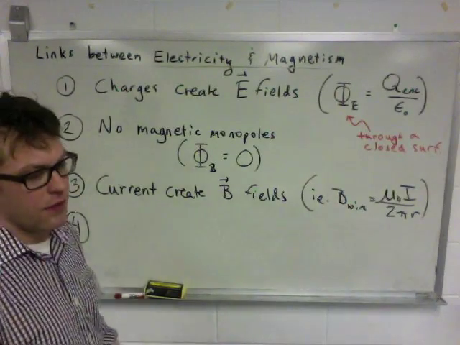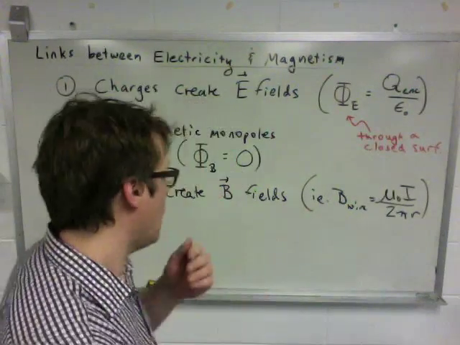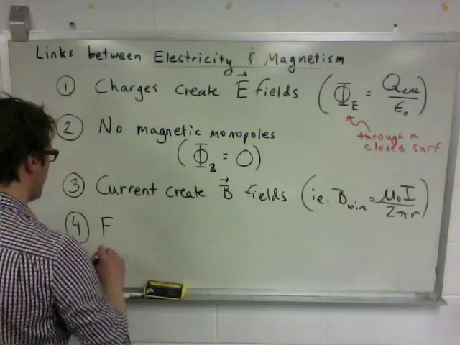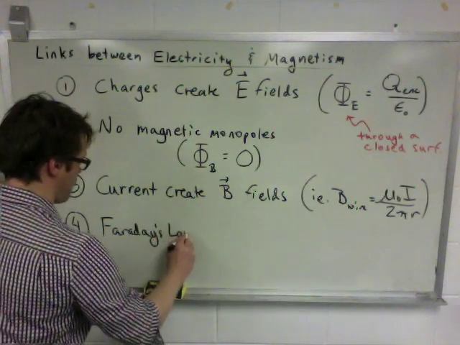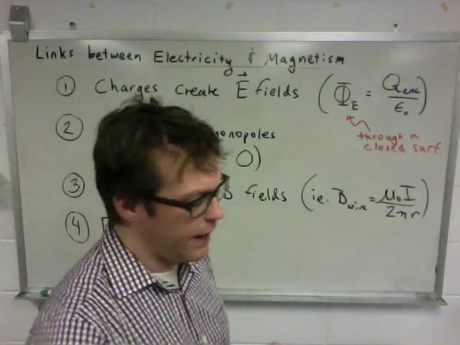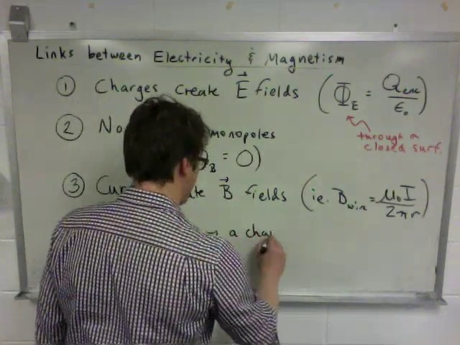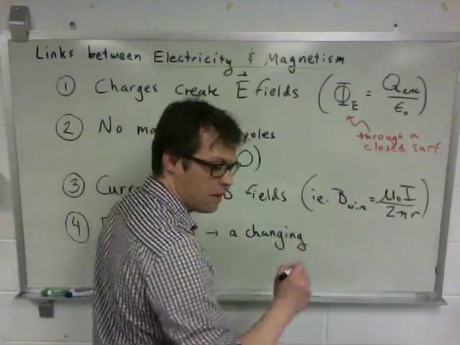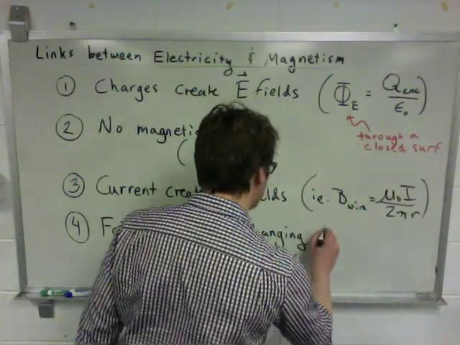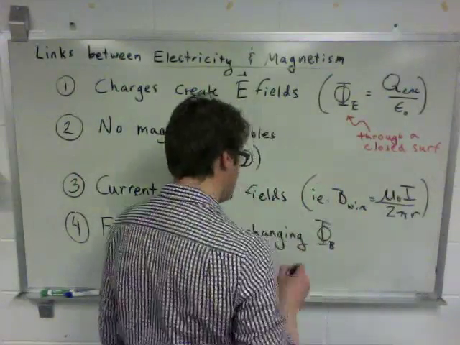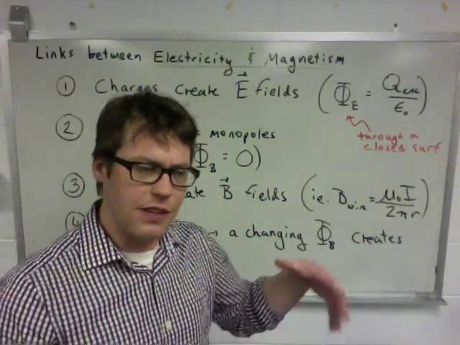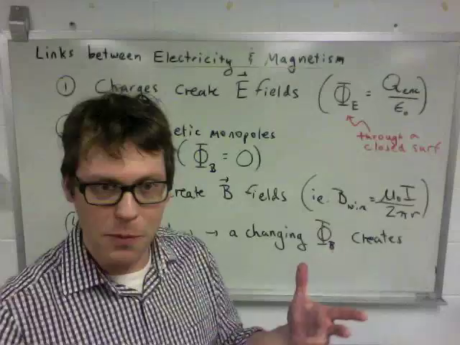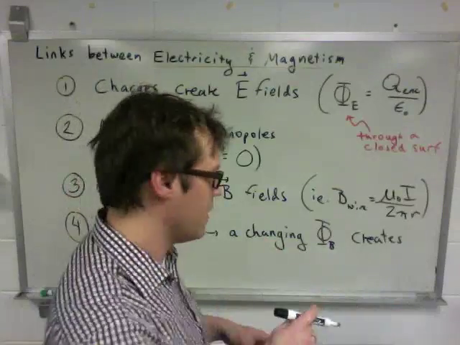And then the last one that we saw when we were talking about electromagnetic induction was Faraday's law, which tells us that a changing magnetic flux induces a current. But of course, in order to have a current, you must have some sort of electric field that's pushing charges around.